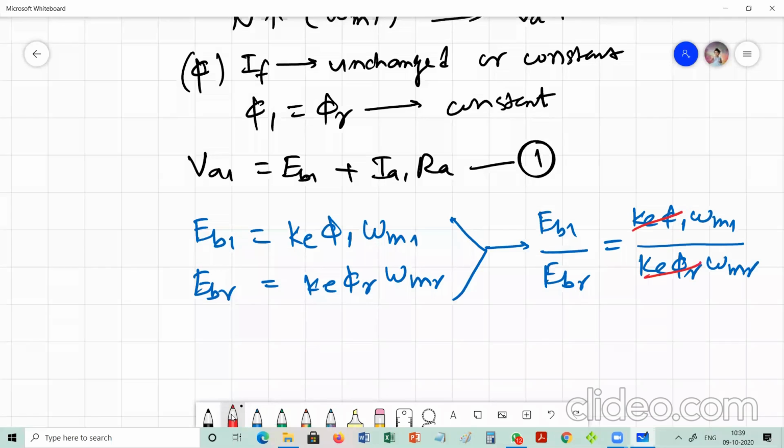So we'll get the ratio EB1 by EBR is equal to omega M1 by omega MR, or we can write it as N1 by NR, because we are taking ratio.